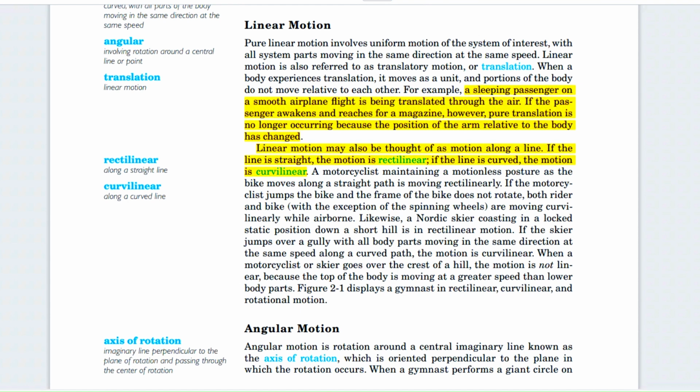When they reach for a magazine, their body no longer moves as a unit, breaking a pure linear motion, because the body has changed its path.